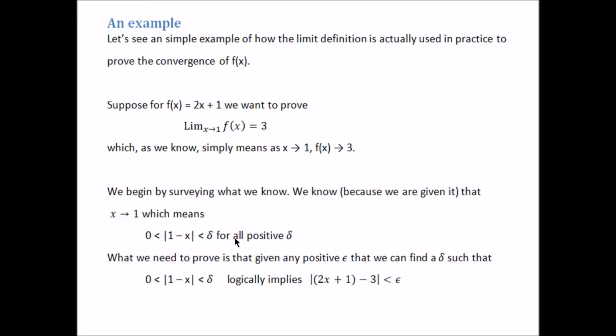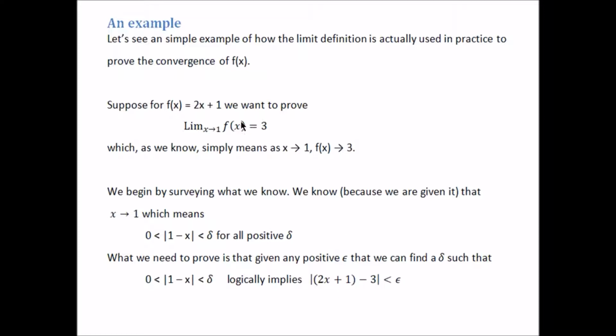And what we need to prove is that this logically implies this. That's what we need to prove. We need to prove that given this is true, that distance between 1 and x gets smaller and smaller. If that is true, we need to prove that this is true.